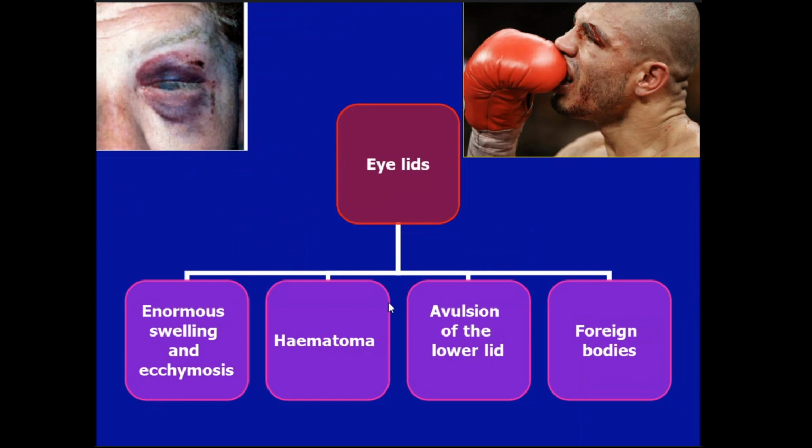I would like to say that I hope you remember that eyelids have very good blood supply. That's why hematoma appear very often in the eyelids, but it's also very quickly disappeared.